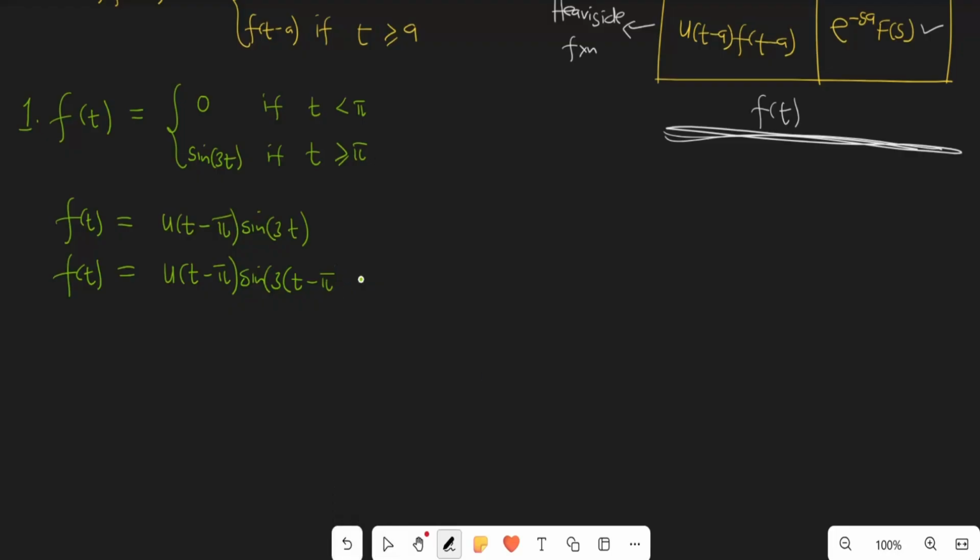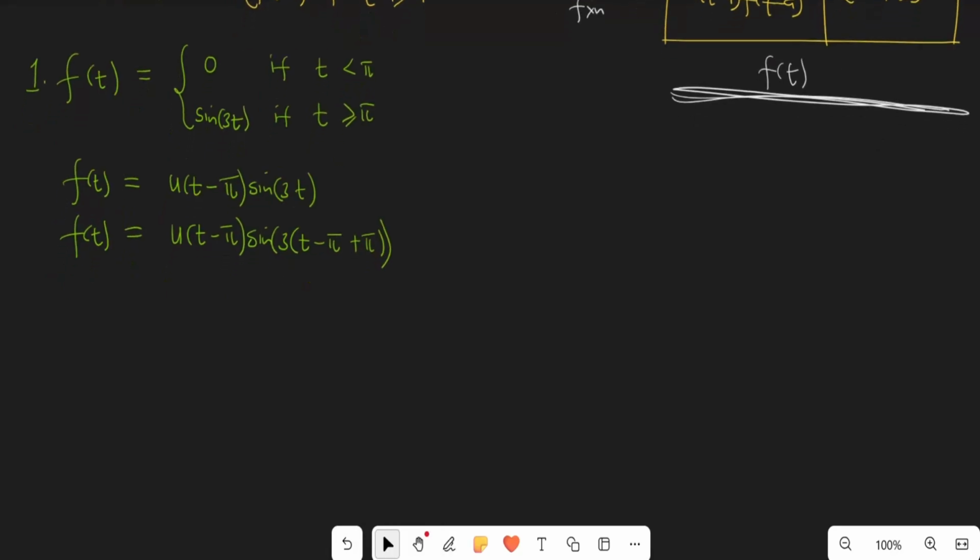So t minus pi plus pi, like this. Minus pi plus pi is 0, so the function is preserved. So you have f of t equal to u of t minus pi, and then you group this into 2. So we have sine of 3 times (t minus pi), and then plus 3 pi, all of this inside the sine.